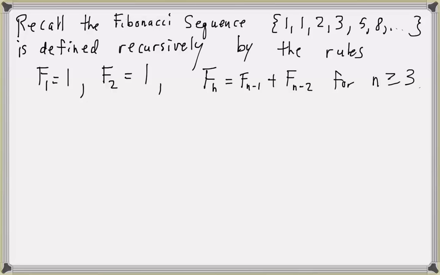So it actually is a fact that consecutive Fibonacci numbers are relatively prime. So if you look at the list so far, for example, 5 and 8 are relatively prime. 3 and 5 are relatively prime, and so on. So here's the theorem we're going to prove.